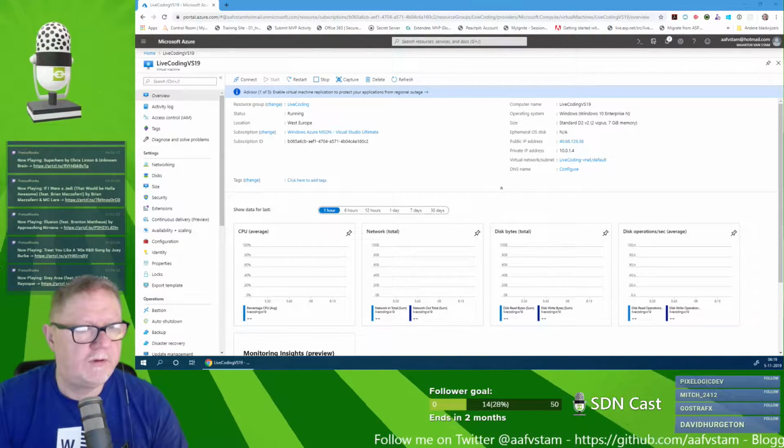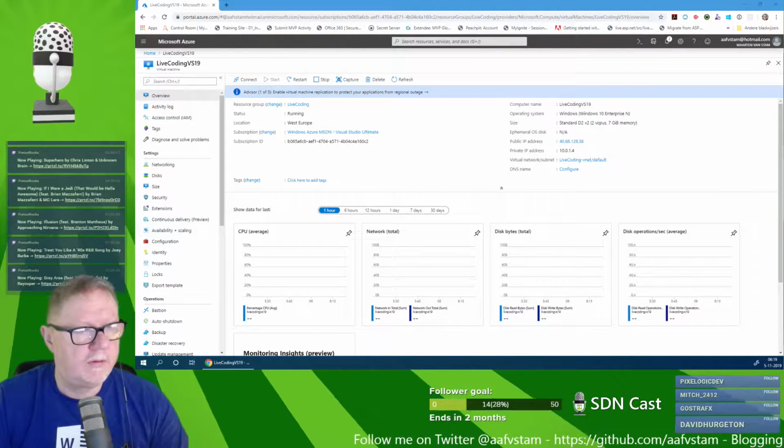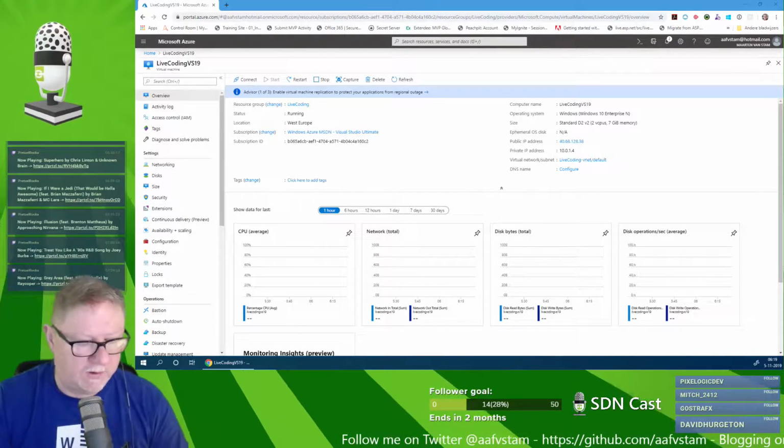Parallel flow, that was the one we just did. Using the map function.